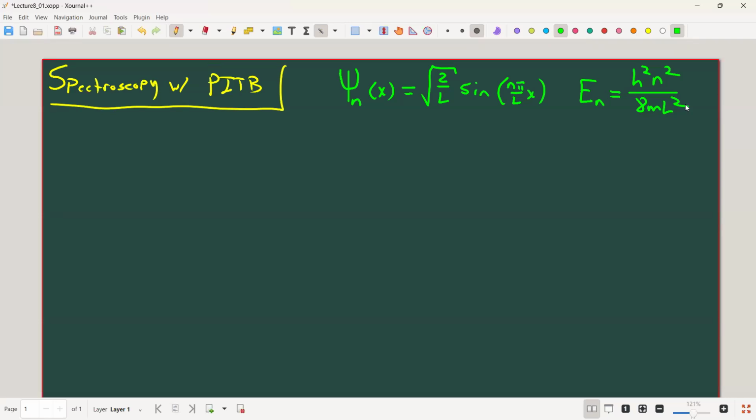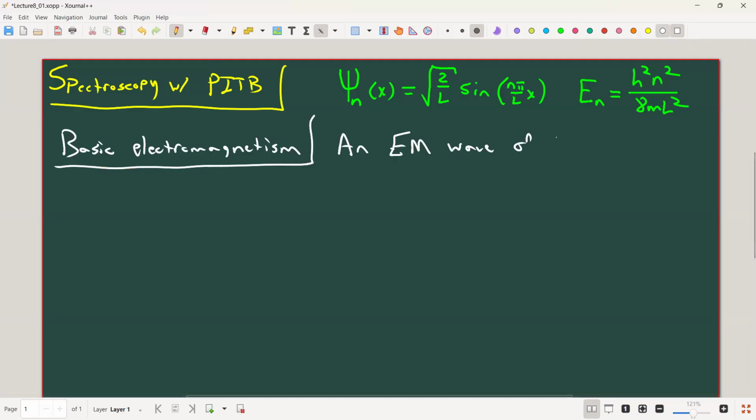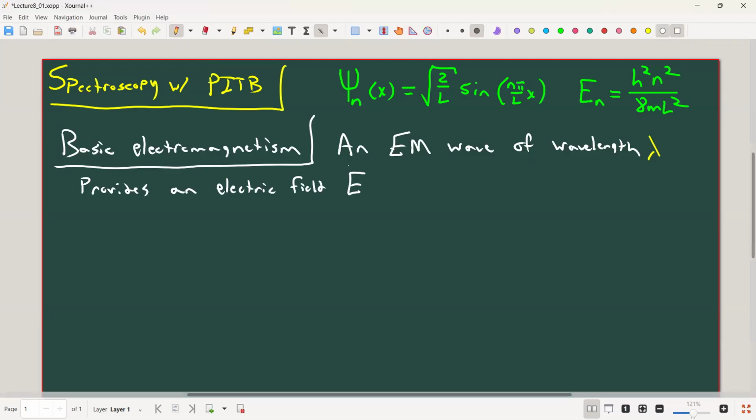All right, so just some very, very basic electromagnetism. We just need to think about the wave nature of light in this situation. So we're going to consider an electromagnetic wave, call that an EM wave, of wavelength lambda. It provides what's called an electric field, E, which is a vector field.